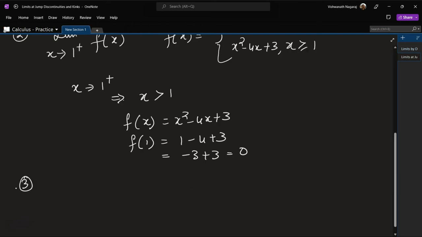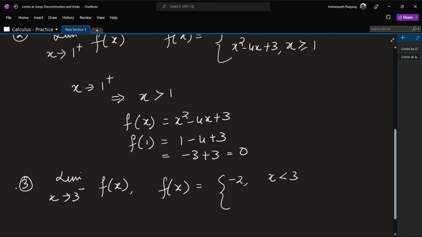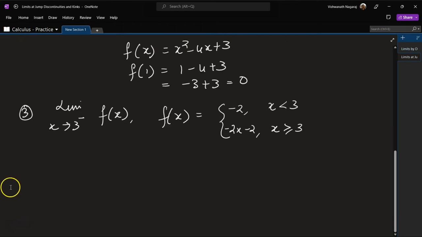Okay. Third one, limit as x approaches 3 from the left hand side, that is from the negative side, of f of x, where f of x is equal to minus 2 if x is less than 3, and minus 2x minus 2 if x is greater than or equal to 3. Now, x is approaching from the negative side, implies that x is less than 3, and if it is less than 3, it can't actually be equal to 3.